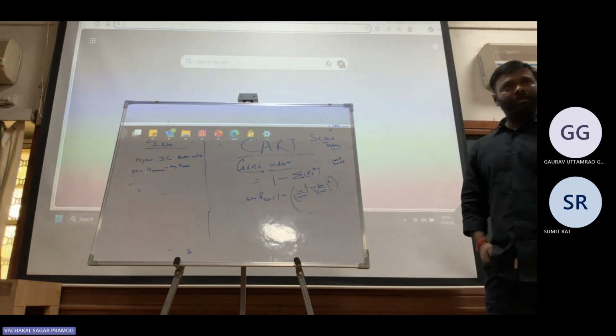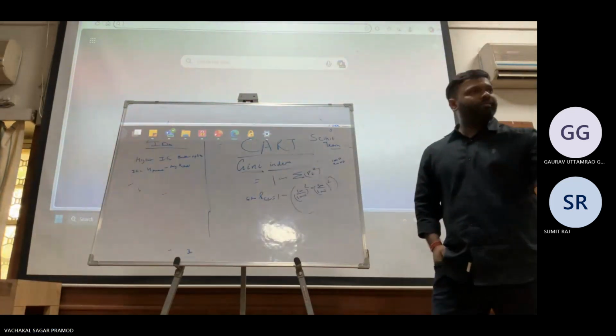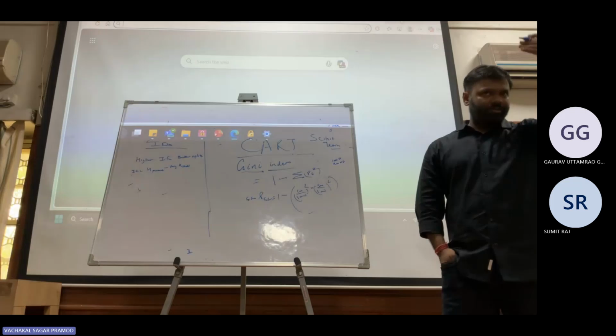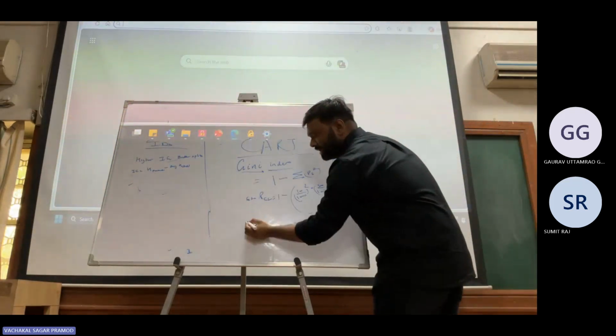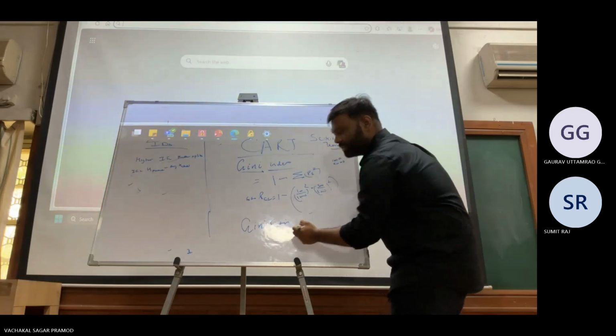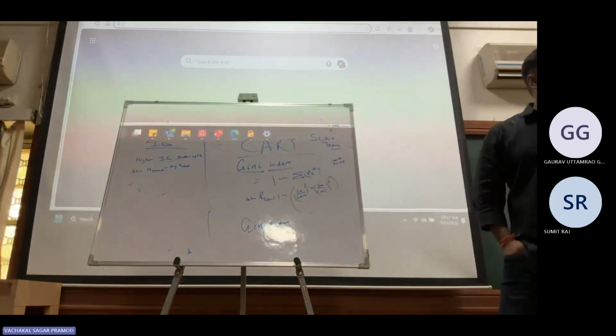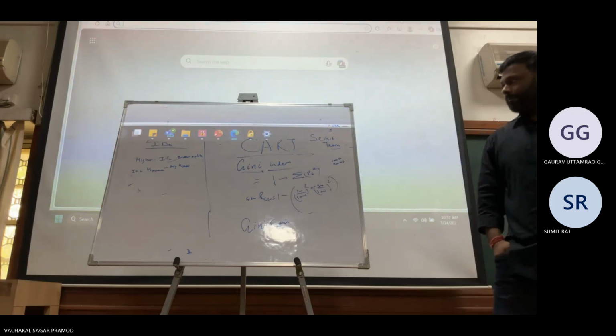Lesser the better. But we will use the same concept. We will use the Gini index of the children, weight it, average it, and subtract it. That is called information gain, and here it is called Gini gain. Higher the Gini gain, better is the division, or better node it is, right?